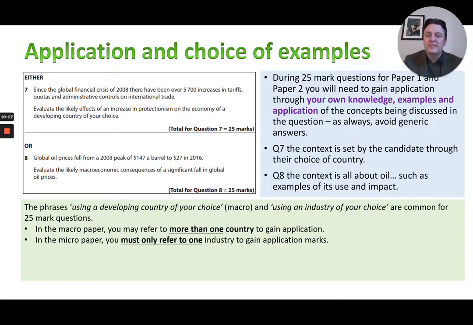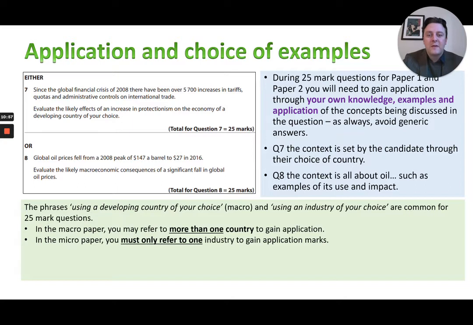So question 7 here is about the financial crisis of 2008 and the tariffs introduced after that. The question is, evaluate the likely effects of an increase in protectionism on the economy of a developing country of your choice.